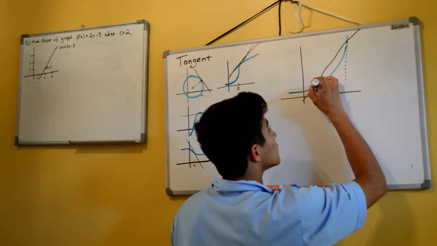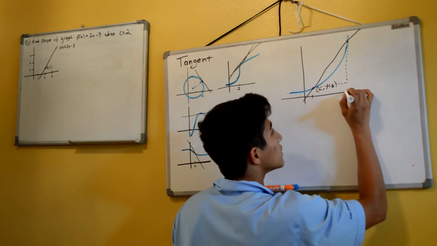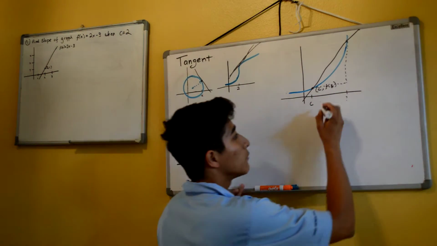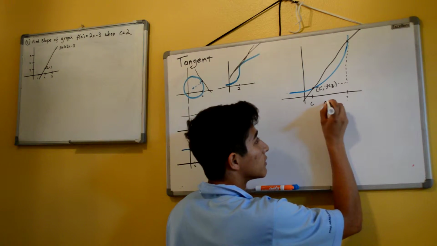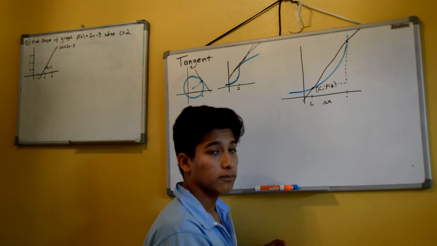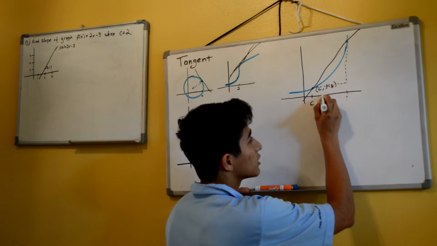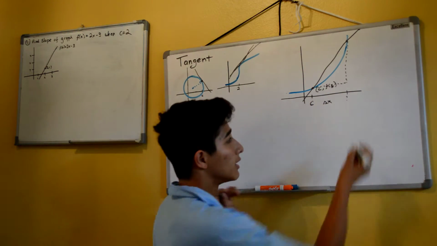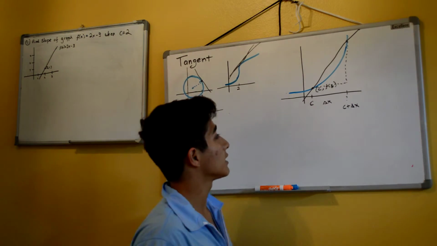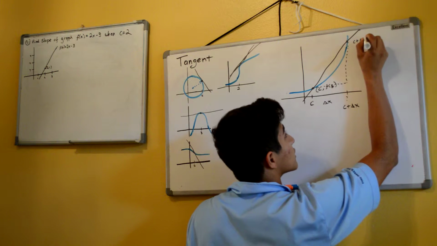So basically, the difference between these two, c, and whatever this number is, I'm going to call that delta x. Alright? So since this is c, and the distance between here and here is delta x, this x value will be c plus delta x, right? Kind of makes sense. So now the x value for this is going to be c plus delta x.